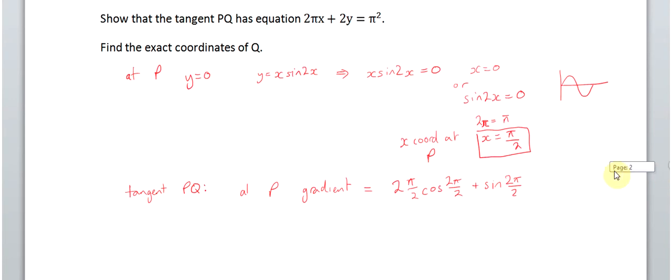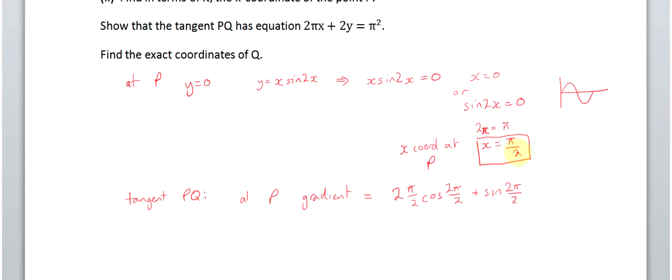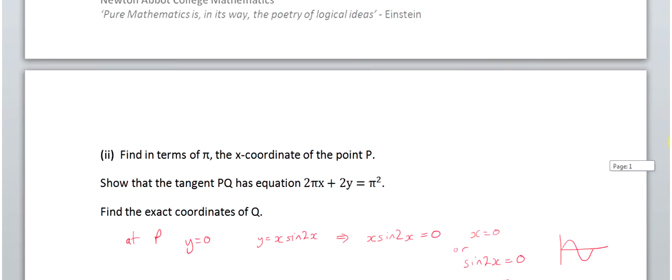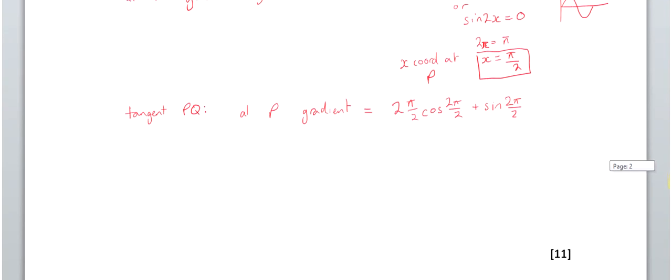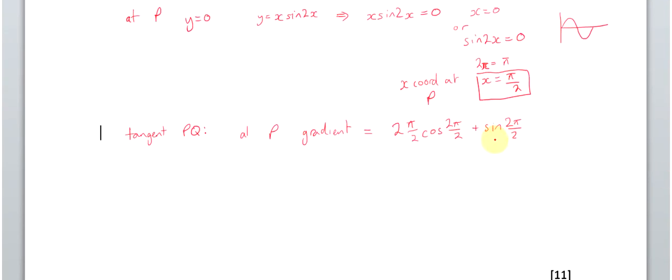All I've done there is substitute the x coordinate at P, which I've worked out, into my expression for dy by dx from the last part. That's giving me the gradient at point P, and this turns out quite nicely.